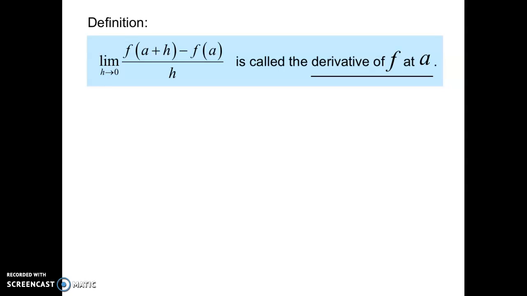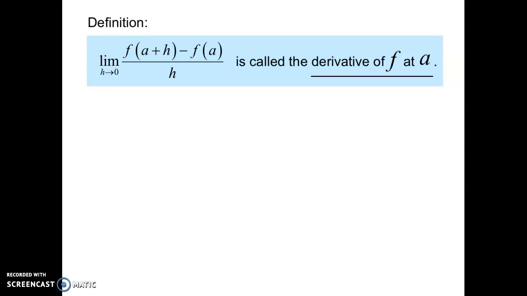Now, the definition of the derivative is when we take this difference quotient, this slope formula, between 2 points that are relatively close together, and we take the limit as the distance between the 2 points gets closer and closer to 0.